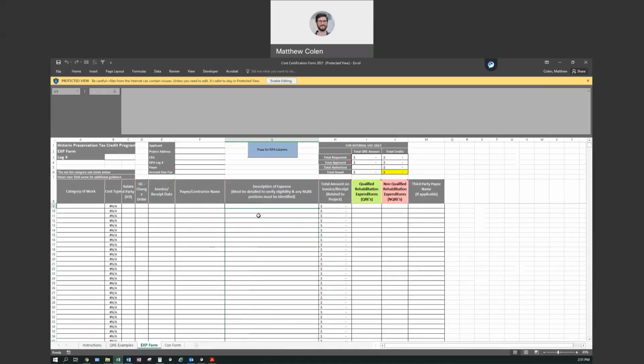Again, it's imperative that these are very detailed because this is really what we're going to be basing our determinations of moving this between qualified and non-qualified. The other item, of course, is the incurrence of the expense. So there are different rules for soft costs and hard costs, and we'll be following the rules established in the guidelines when we're applying that as well.